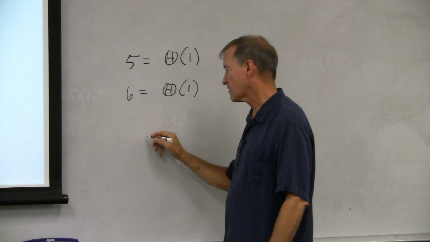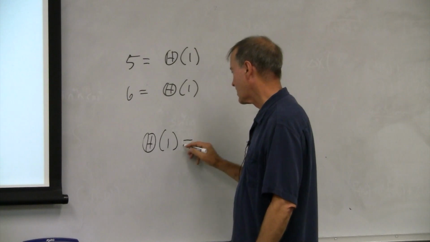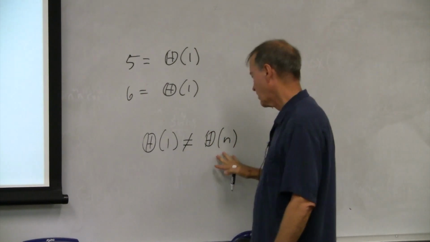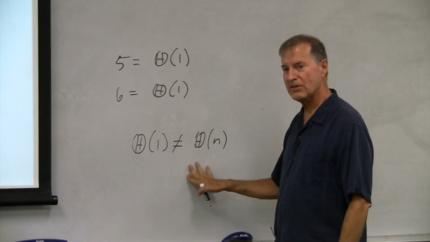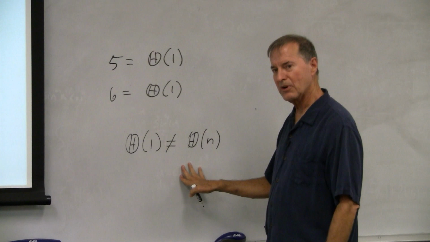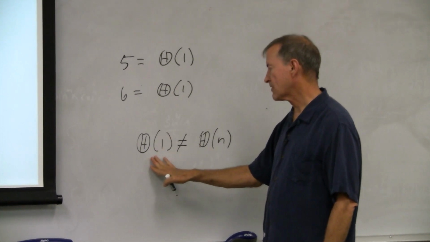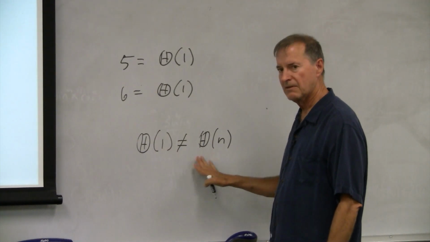Look, big theta of 1 does not equal big theta of n. In fact, one of these is the big O of 1, and the other is the big omega of 1. Is big theta of 1 worse or better than big theta of n?